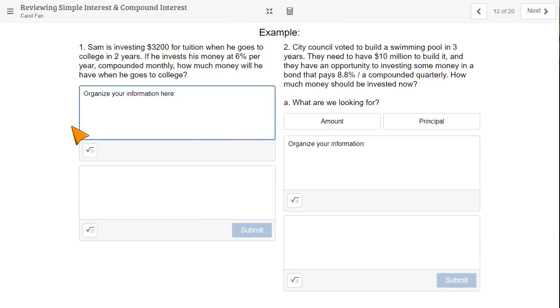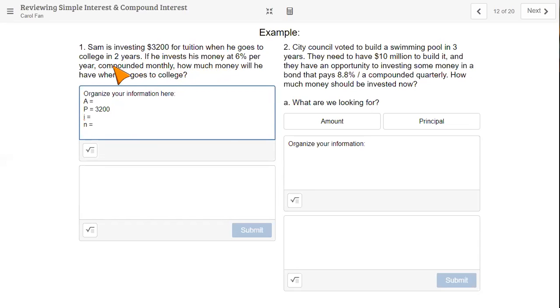We know that the information that we have is A, P, i, and n. So when we first talk about investing, this is the original amount that he has, $3,200. Sam's going to go to college in 2 years. So we know 2 years is a part of the compounding period.